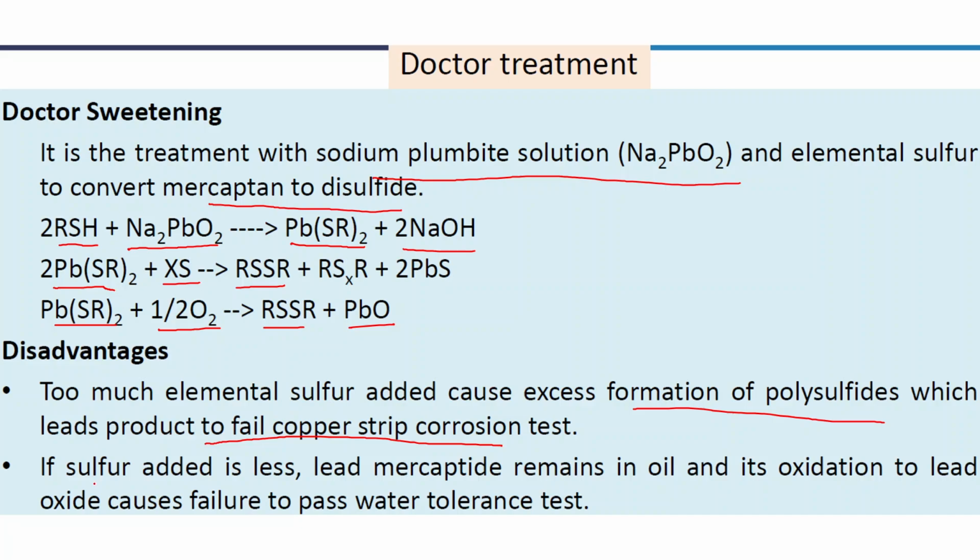And moreover, if we use very little sulfur, then oxidation of Pb(SR)2 takes place, which leads to the formation of PbO, lead oxide, remaining in our crude oil. This leads to the failure of the water tolerance test, basically degrading its quality.